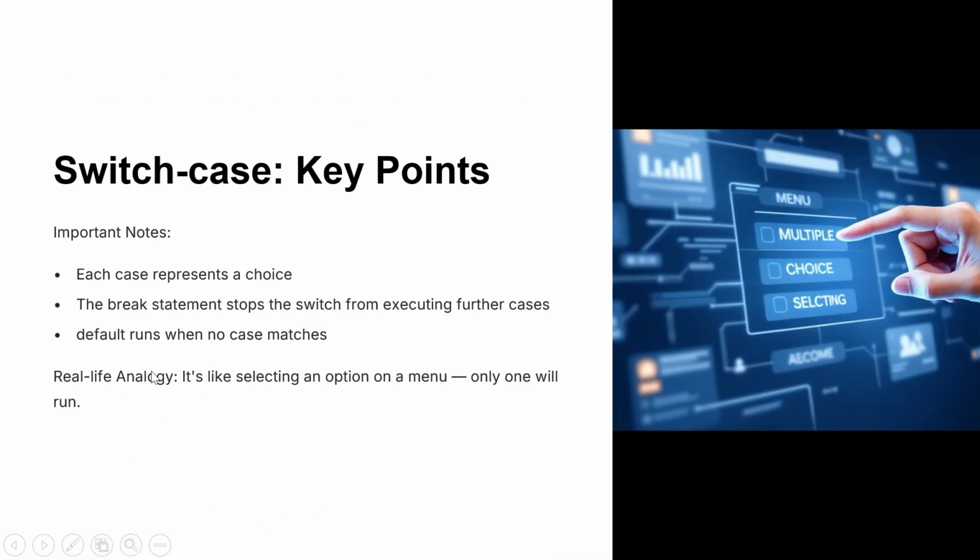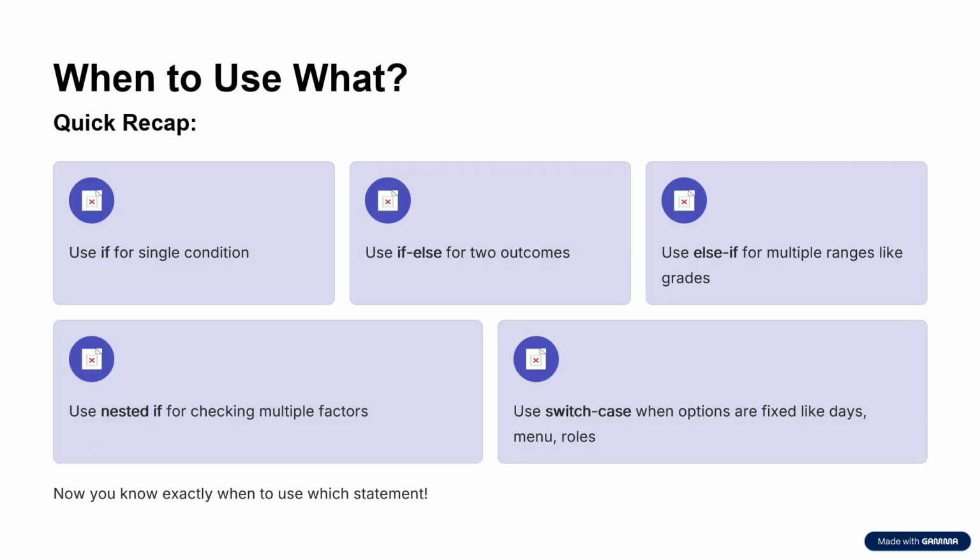If we talk about the analogy of the switch case, it's just like selecting an option on a menu page, where one and only one will be executed. Okay, so let's have a quick summary of what we did. We use the if statement when a single condition is given, and when there are two outcomes, then we use if else.